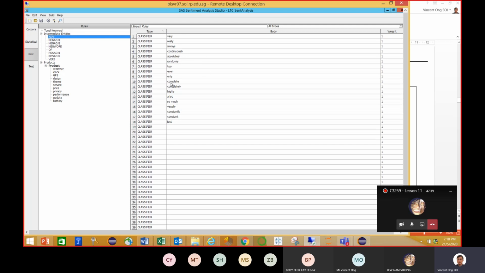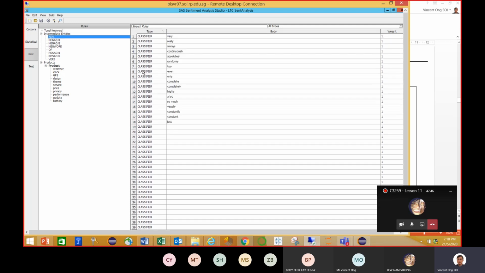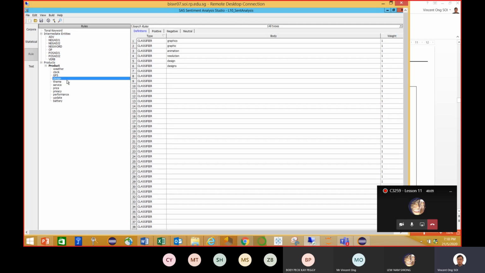All these words are defined in the tonal because they are always positive, regardless of which context they're in. It's just like certain words like beautiful. Beautiful is absolutely positive, but certain words are positive or negative depending on the context in which they actually appear, and that's where you need to define it at the feature level.